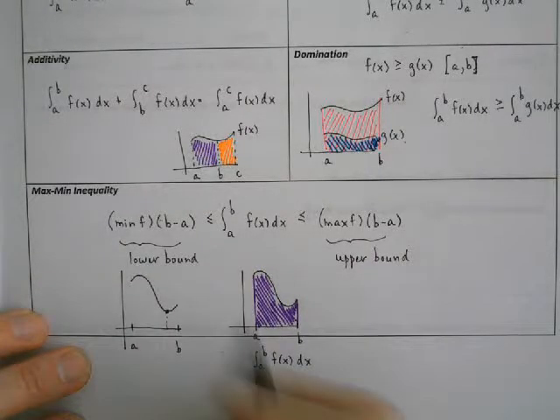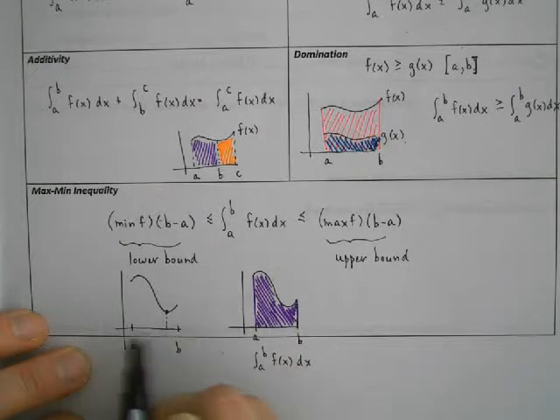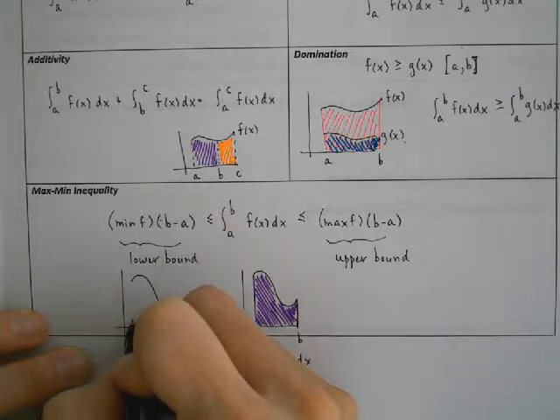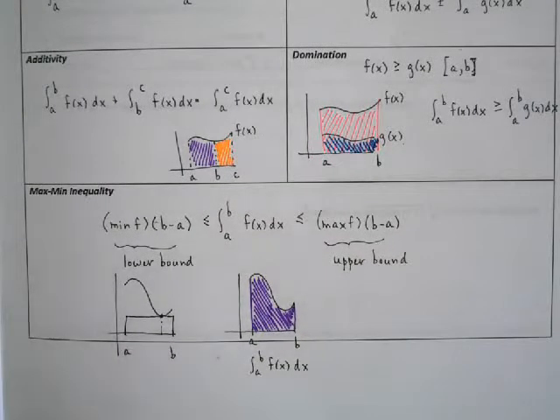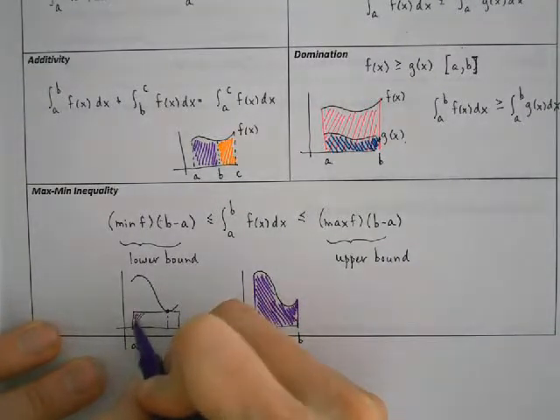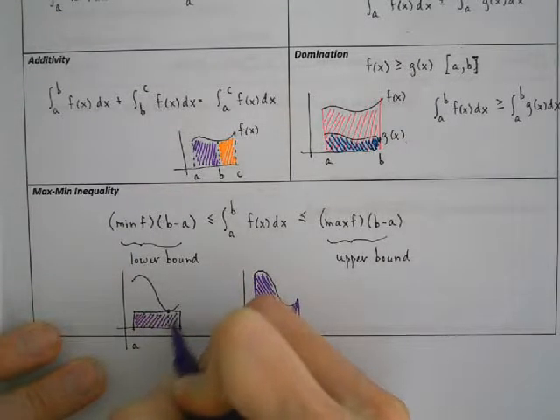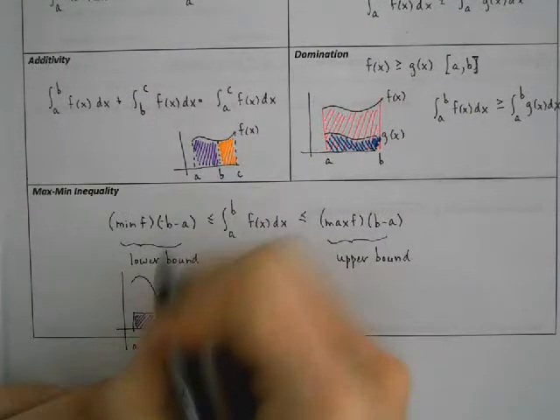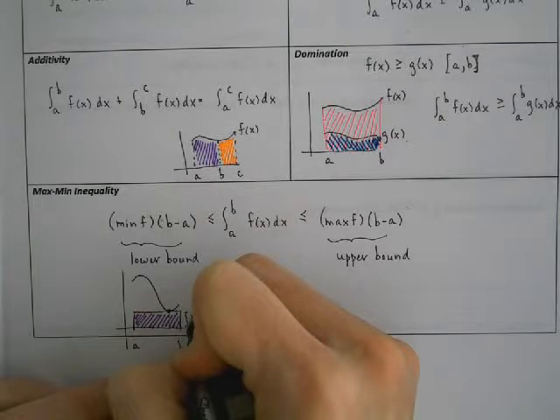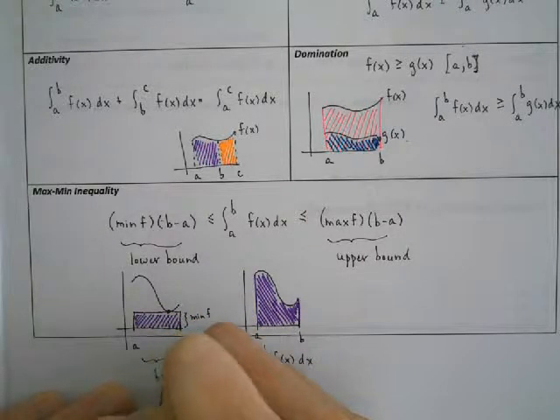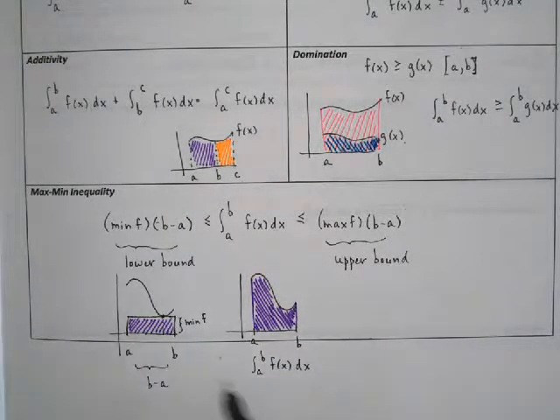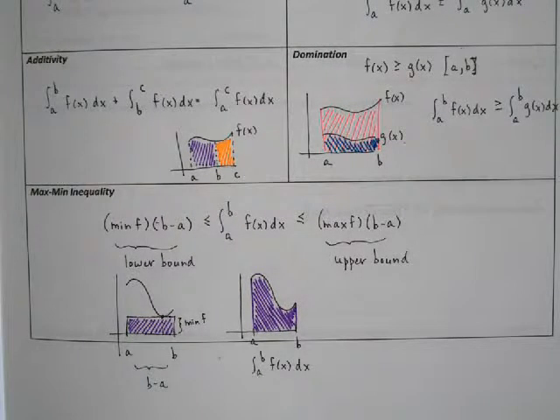So here's my height. And then I'm going to multiply it by the base of that rectangle, b minus a. So if I create that rectangle, this is the area that I'm capturing. That's represented by the minimum value of f, so I'll put that here, minimum of f times b minus a. So we can see that this is going to be less than this value.